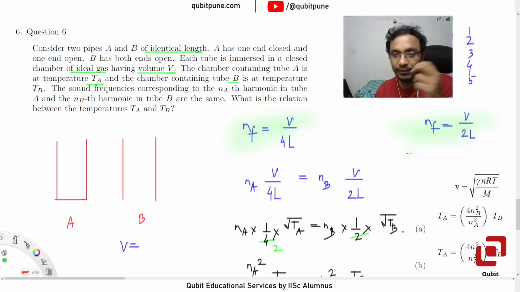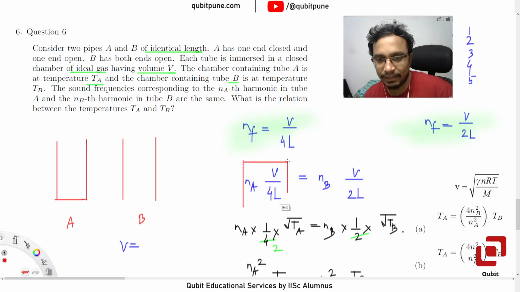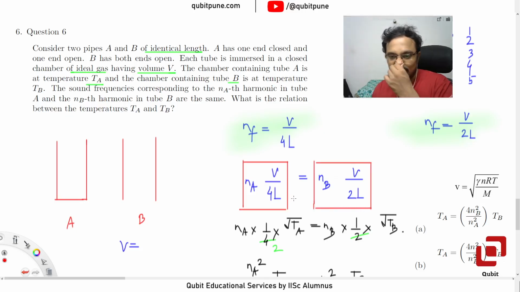उसके बाद ये frequencies same हैं. कौन से frequencies same हैं? Nth harmonic वाले. So Na into the fundamental of the first equals Nb into the fundamental of the second. Okay, तो ये speed of sound है जो depend करता है temperature पे. पाइप की length तो same ही है.